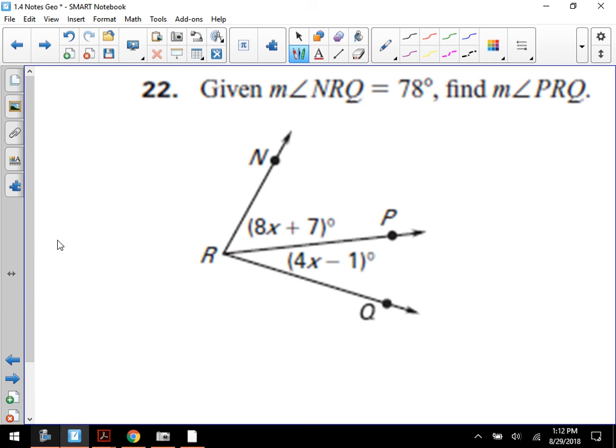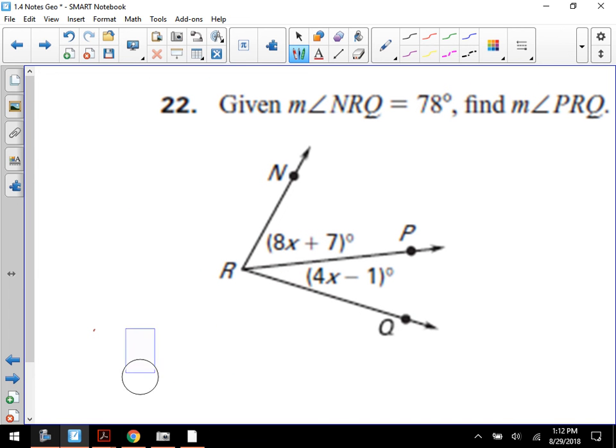Algebraically then, what do you write down? Remember, go back to segments. If this was 3x plus 1 and this was 7x minus 3 and the whole thing was 40, what did you do? Okay.